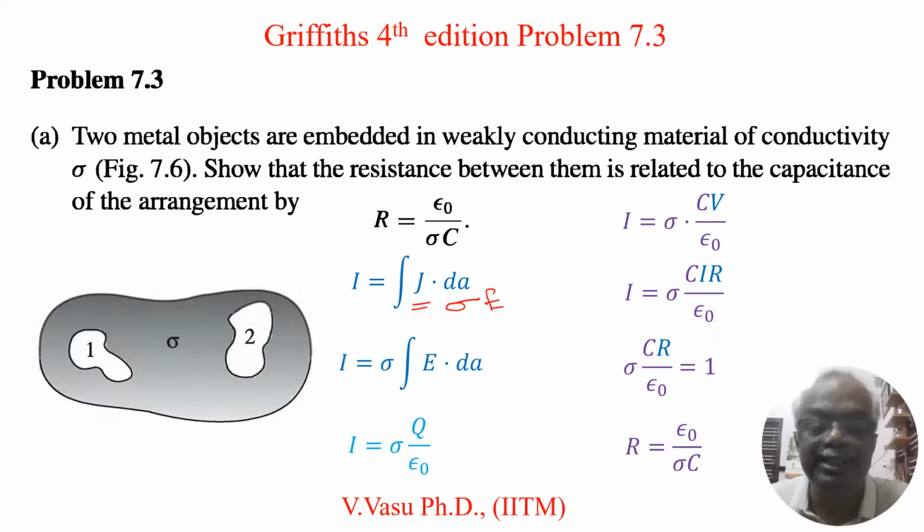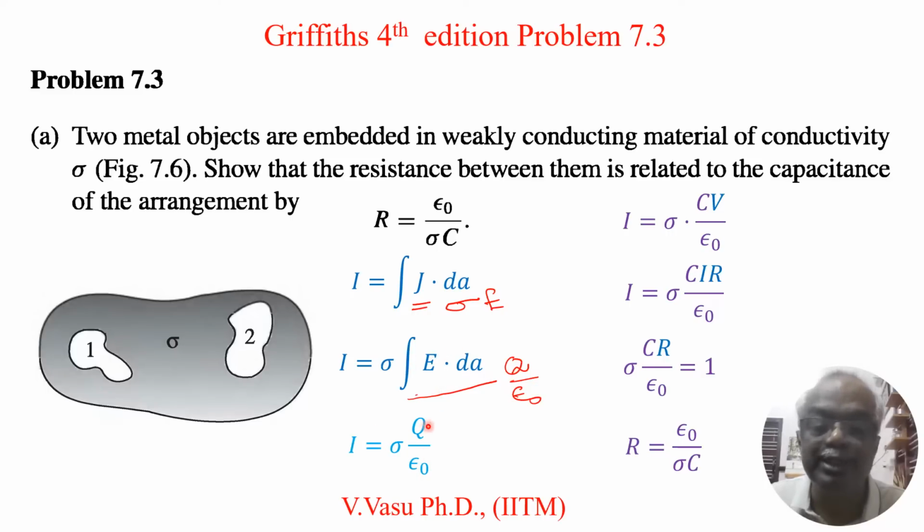We know very well that this integral of E dot dA is nothing but Gauss's law, which equals Q over epsilon naught. So I have replaced this integral by Q over epsilon naught.